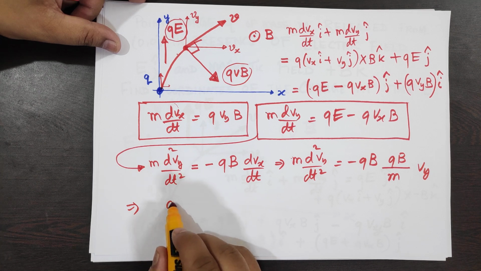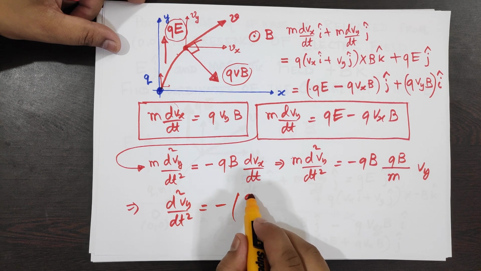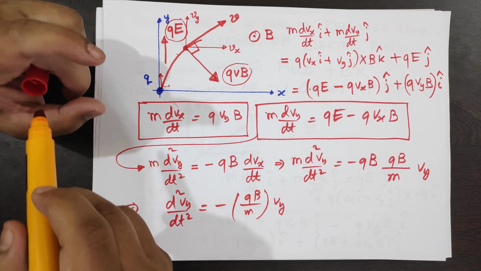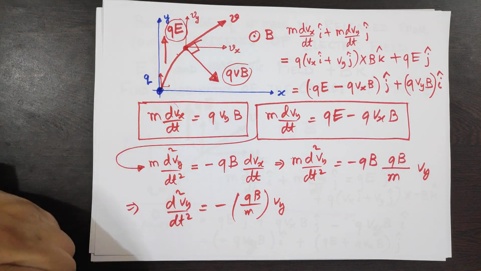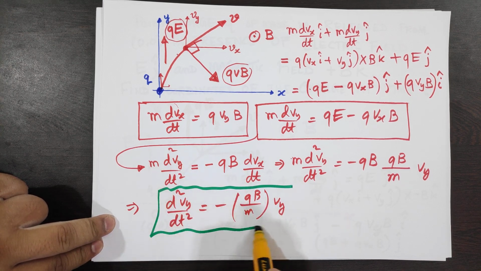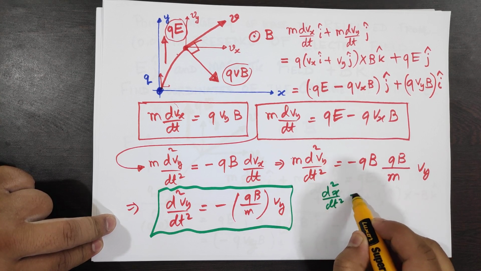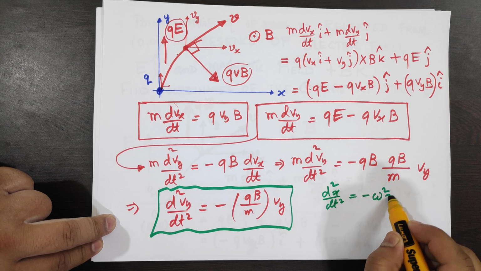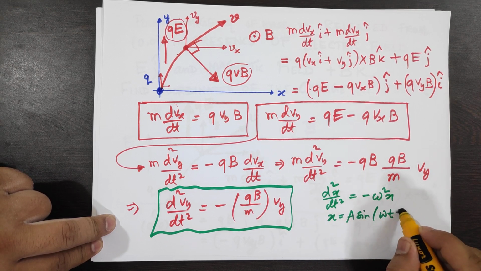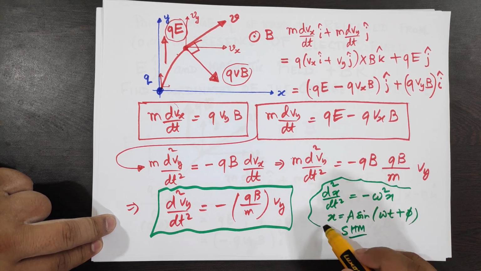So therefore this becomes minus (qB/m) squared times Vy. Okay, now this equation looks very well known to us, because this type of equation we have dealt with in simple harmonic motion. In simple harmonic motion we had d2x/dt2 is minus omega square x, then x will have a solution of this type, A sine(omega t plus phi). This was in simple harmonic motion.